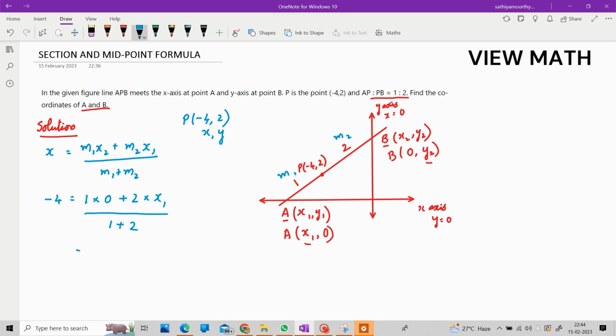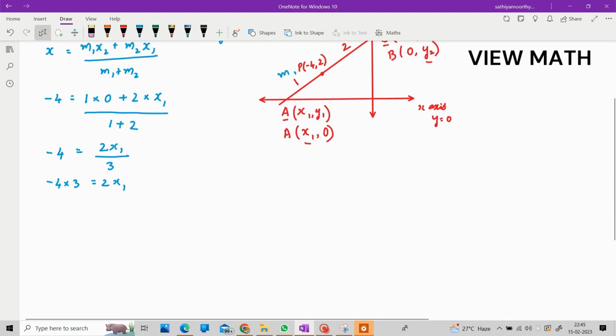So this is equal to 1 into 0 is 0, so 2x1 in the numerator, and in the denominator it is 1 plus 2, which is 3, and this equals -4. So let me bring this 3 to the other side. It becomes -4 into 3 is equal to 2x1. Now x1 equals -4 into 3 by 2.